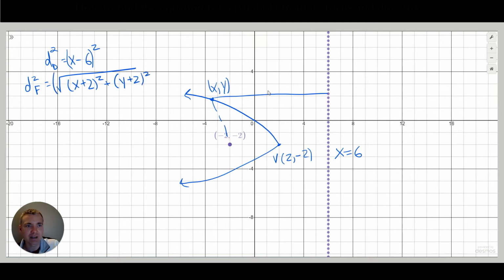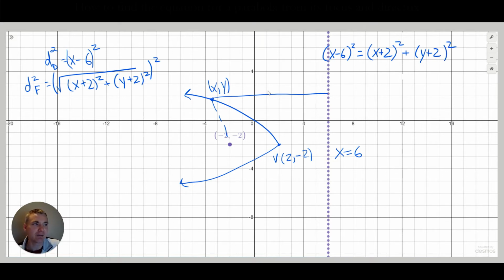But again, I'm going to worry about the square of that. So then I can set those distances equal to each other. So I know that (x minus 6) squared equals (x plus 2) squared plus (y plus 2) squared.